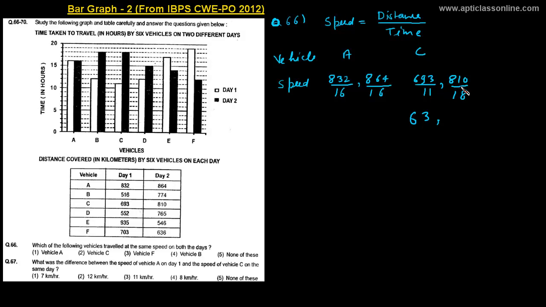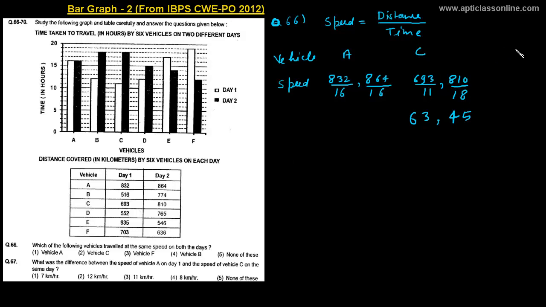And for day 2, 810 divided by 18, if we look at these figures, we come to know that these two speeds are not equal. It comes out to 45, so basically these speeds are not equal. This can be seen from this value itself.